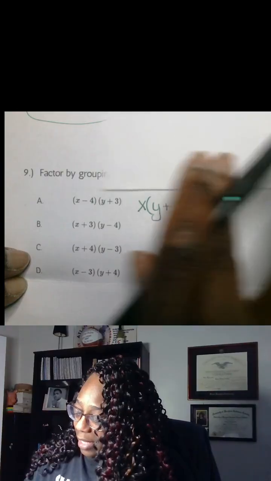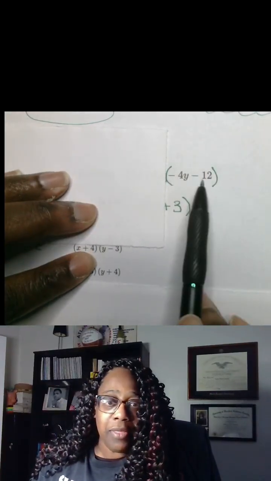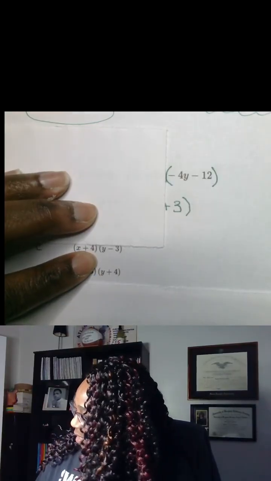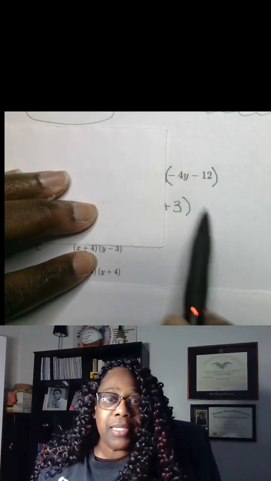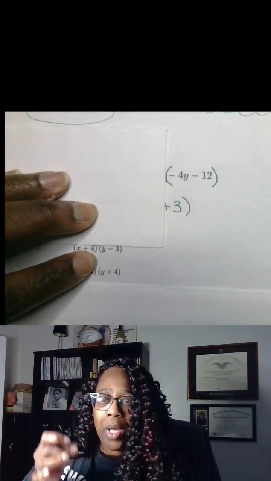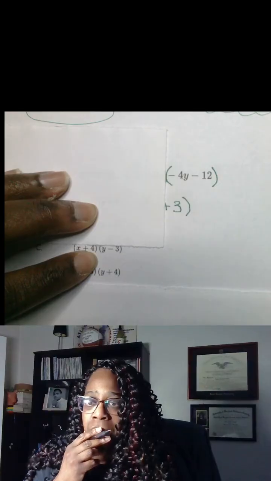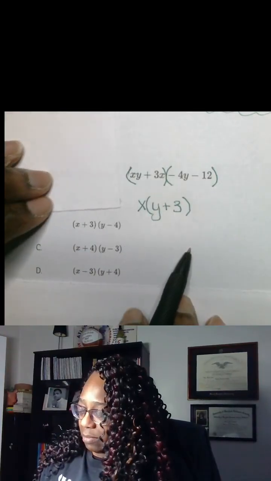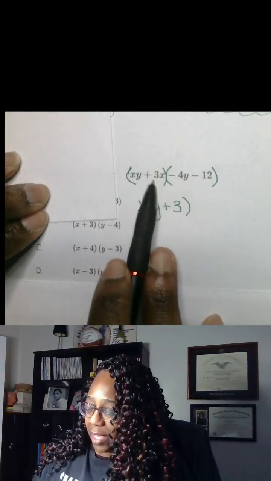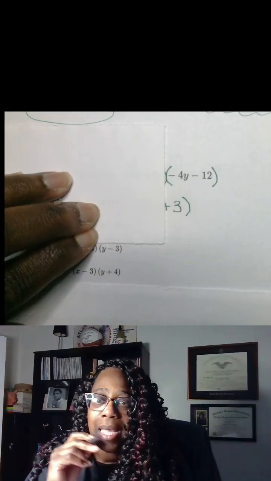Now let me cover up and work on the other parenthesis. For the other parenthesis, we have negative 4y minus 12. What do they have in common? The x plus 3 is not an x plus 3 because we factored out the x's. What do we have in common?